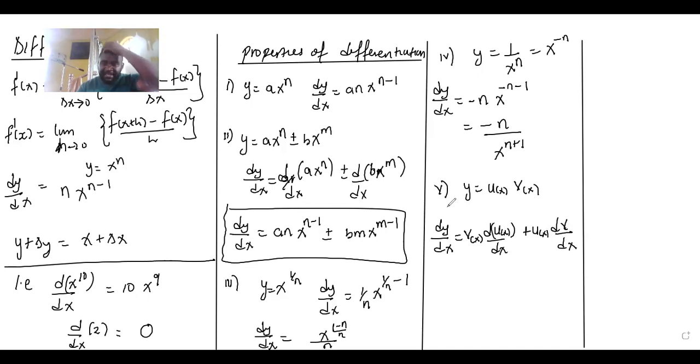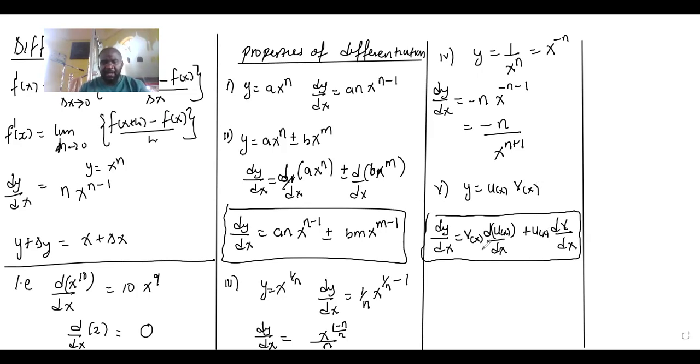These ones we shall better understand when we look at examples of this category. That is, if you can't expand u and v to give us one function, then you can differentiate one, keeping the other one constant, plus differentiate the second one, keeping the first one constant.